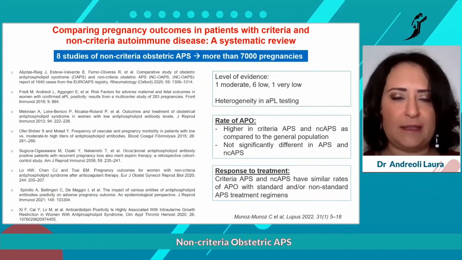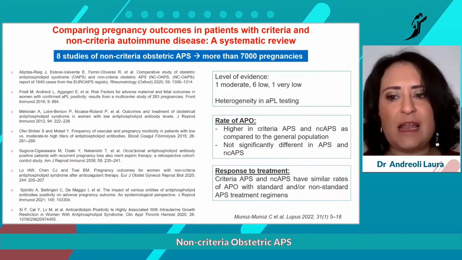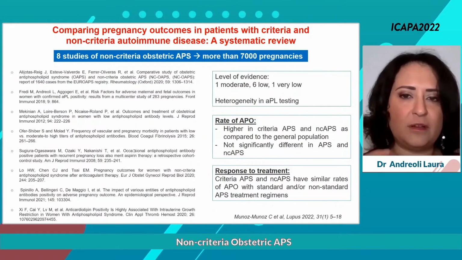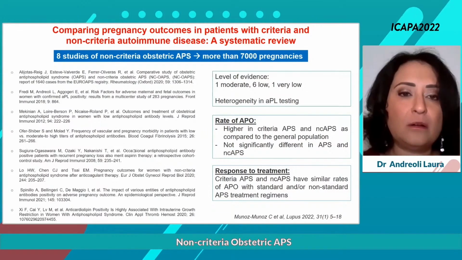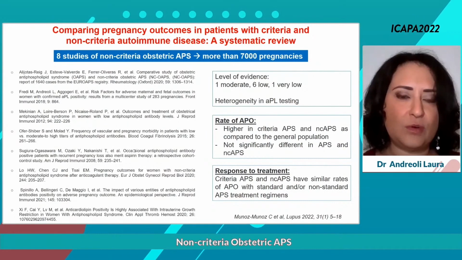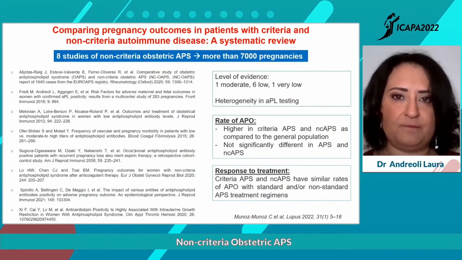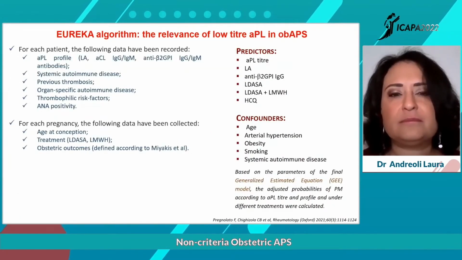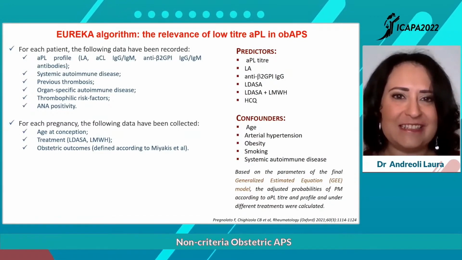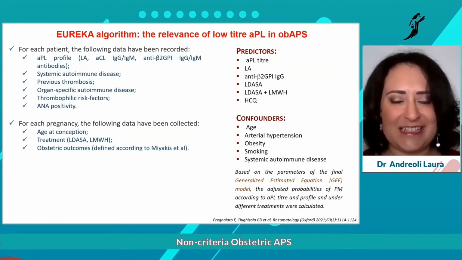And when it comes to the response to treatment, it seems that standard treatment, so the combination of low-dose aspirin and heparin, or even aspirin alone, is able to give good pregnancy outcomes in non-criteria obstetric APS. So it looks like low titers of antibodies can be important when it gets to obstetric disease.